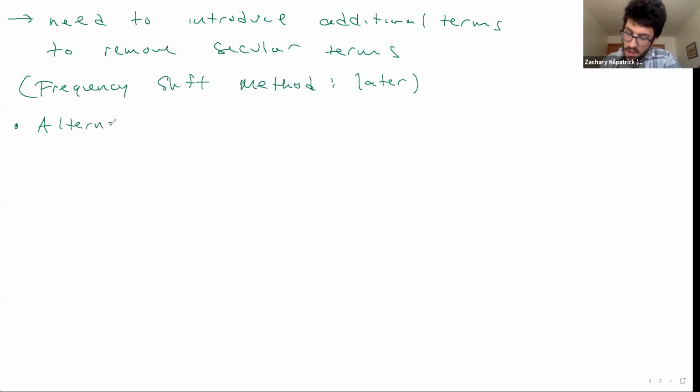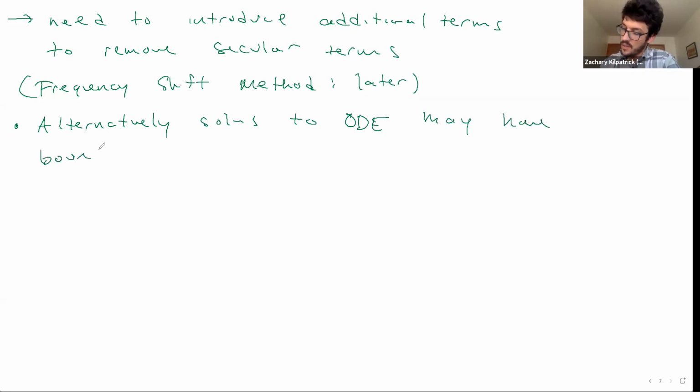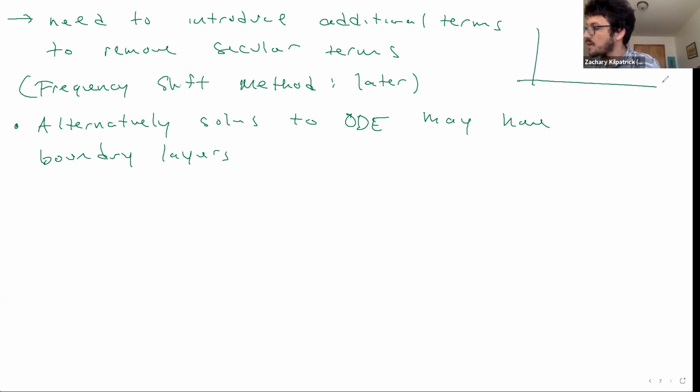Now, another way that you could get non-uniformity in solutions to ODE, okay, is that you may have what are called boundary layers, right? So our example that we just showed, where we had y prime prime plus y is equal to epsilon y, right?